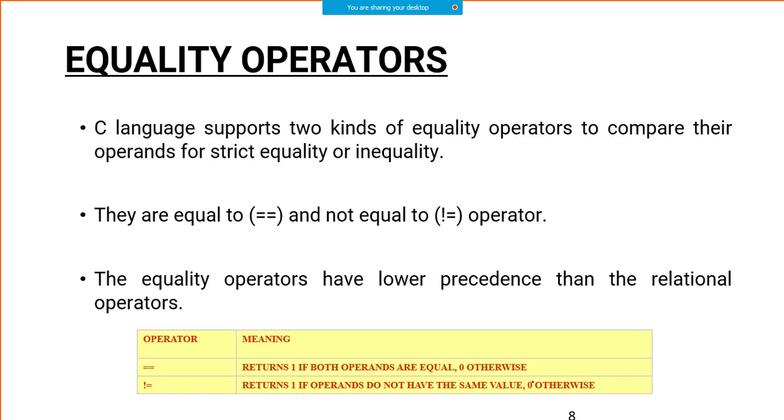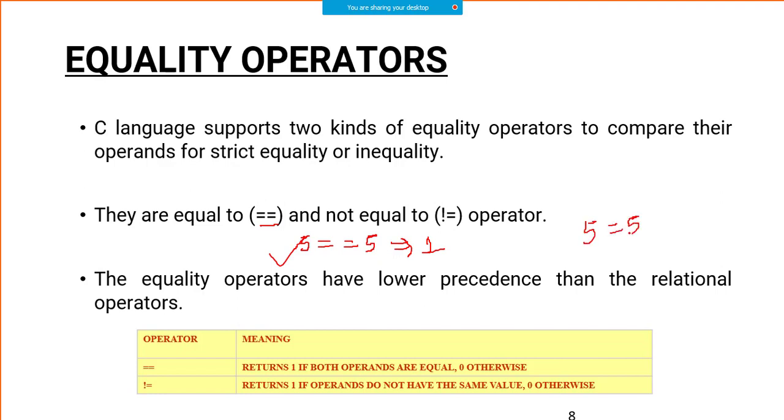Right now, there are two other operators that you should understand in a relational operator. We are going to take one example, don't worry. Another one is equal to, double equal to. This double equal to is used for comparison. For example, if I write 5 double equal to 5, the answer is going to be 1. ये सही है कि 5 equal to 5. This is for comparison. See, please understand.